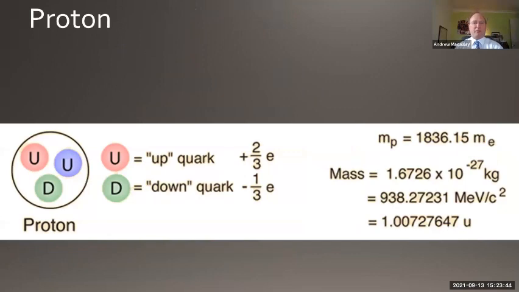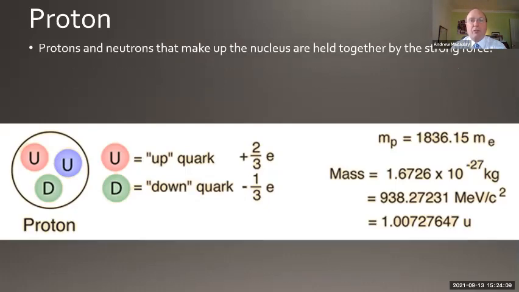Now, the proton, we've already mentioned that it contains 2 up quarks and 1 down quark. If you add up the charge, remember the charge on an up quark is positive 2/3, and multiply that by 2 and add on a down quark charge, which is negative 1/3, and you'll get a positive 1 charge.